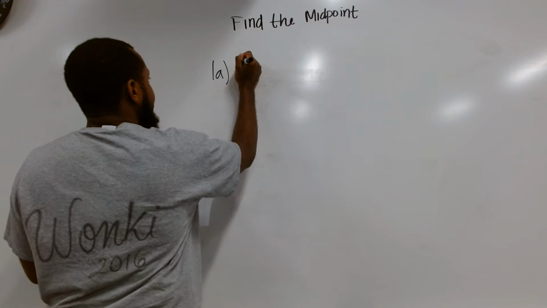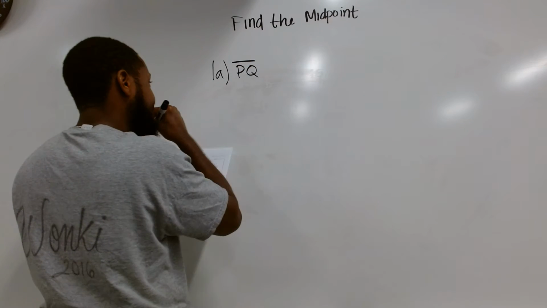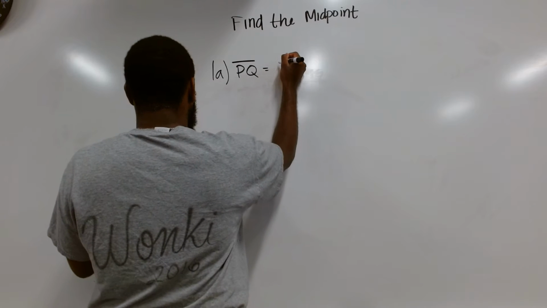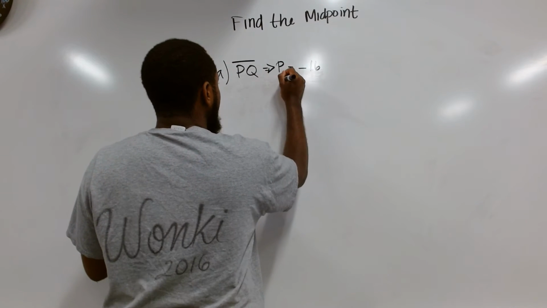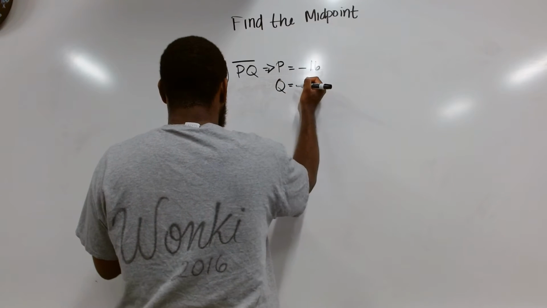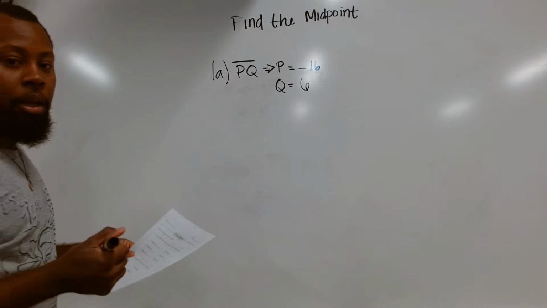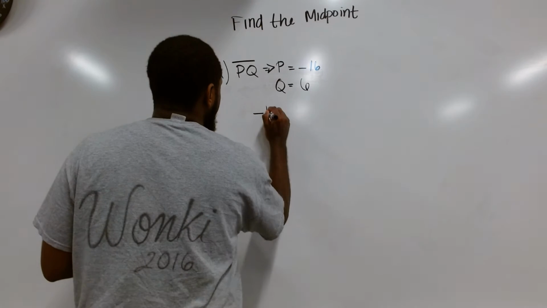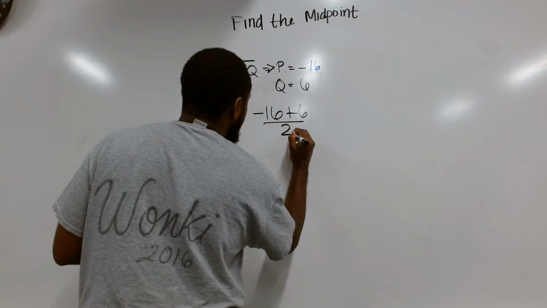So, it says the midpoint of PQ. Well, I know P has the value of negative 16, and Q has the value of 6, right? So, there's going to be negative 16 plus 6 divided by 2.